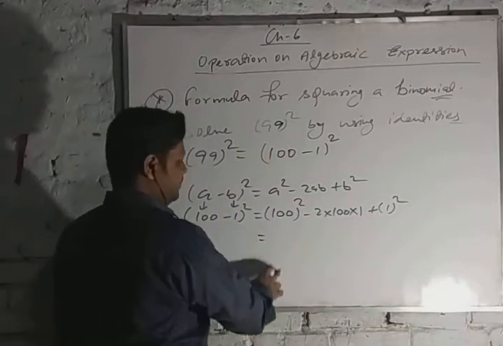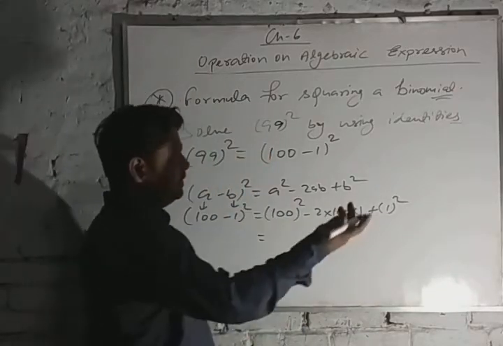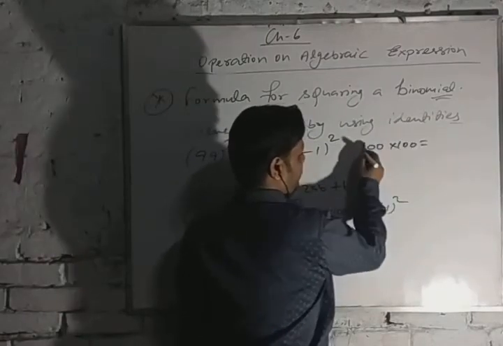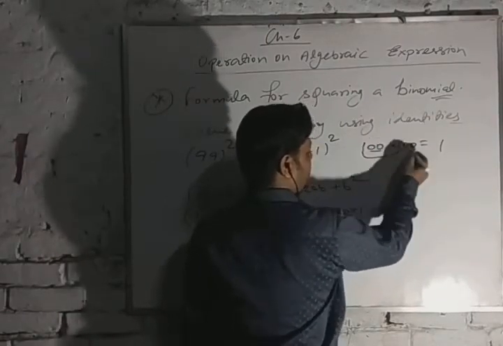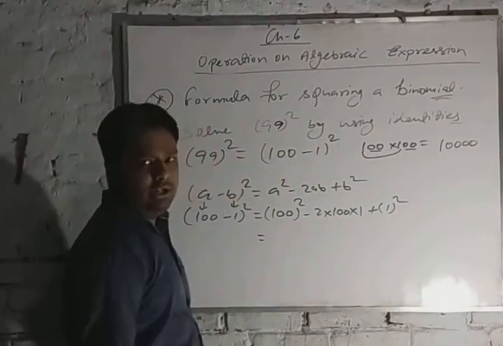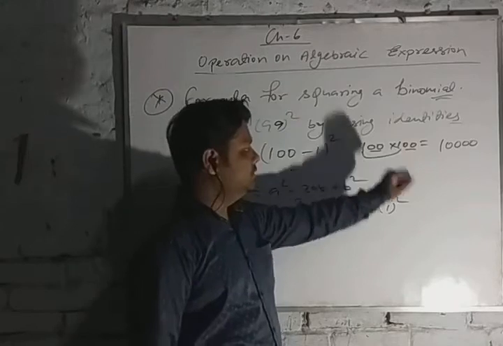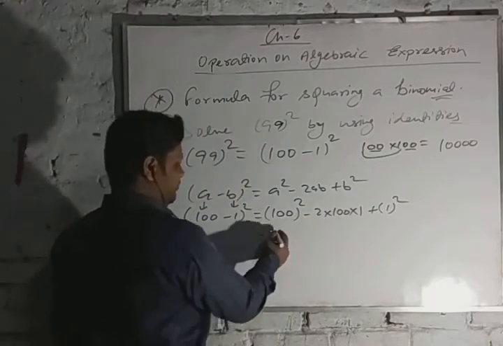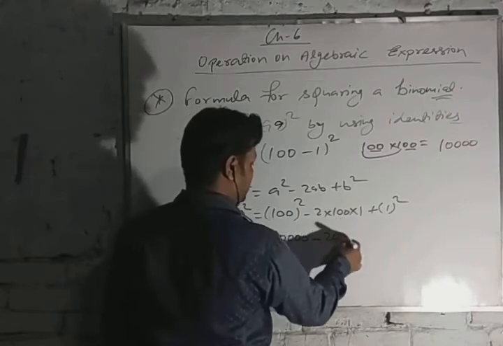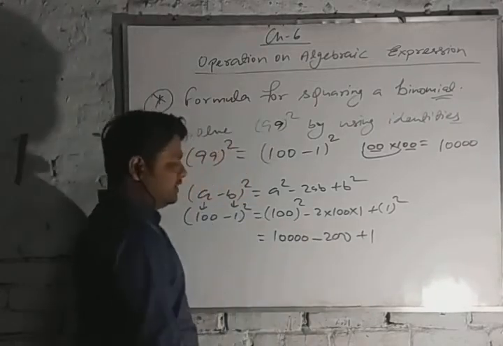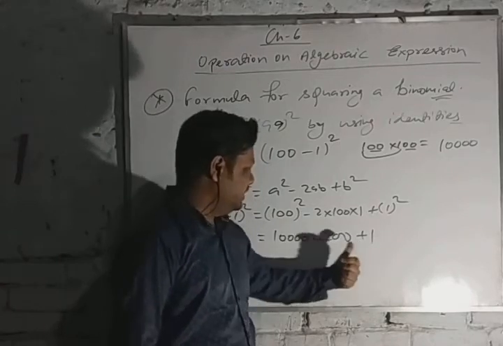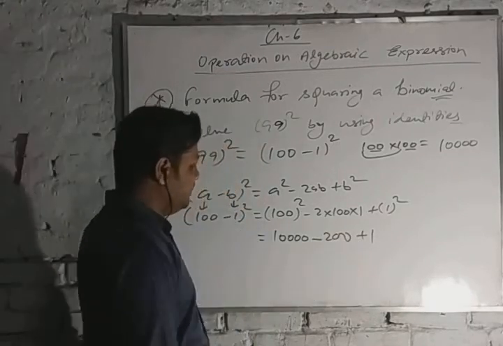Now 100 square, we can multiply directly like this. 100 into 100. Directly we can multiply like this if the numbers have zeros. So 10,000 we will write, 10,000 minus 200 plus 1. At first you can see here a plus sign, here a plus sign. At first we will add these two terms, then we will subtract 200.